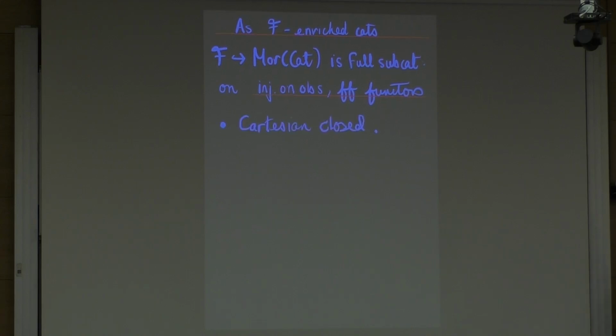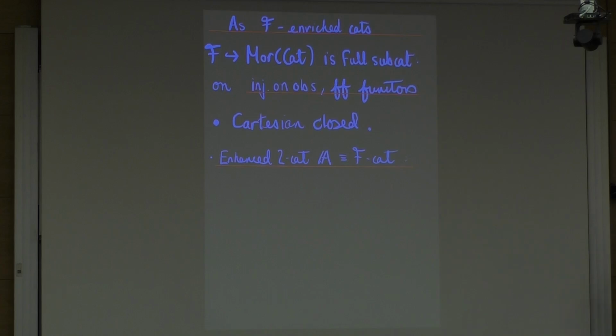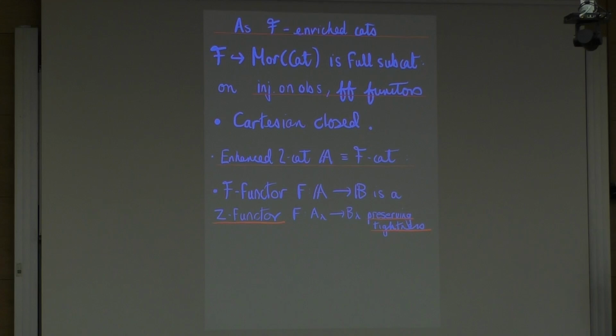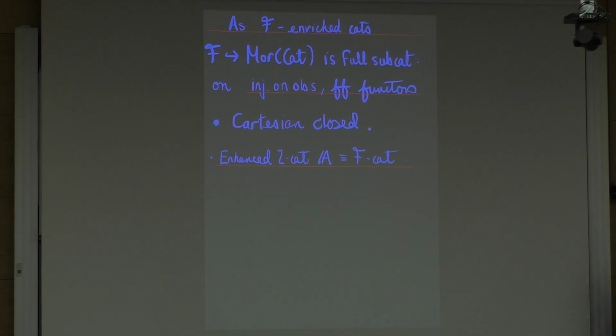It's an exponential ideal of this. An enhanced 2-category is exactly an enriched category over this F, this category of full embeddings, as they call them. Okay, and so that's the good news, that it means that we can use enriched category theory to study these enhanced 2-categories, and I'll say a little bit more.